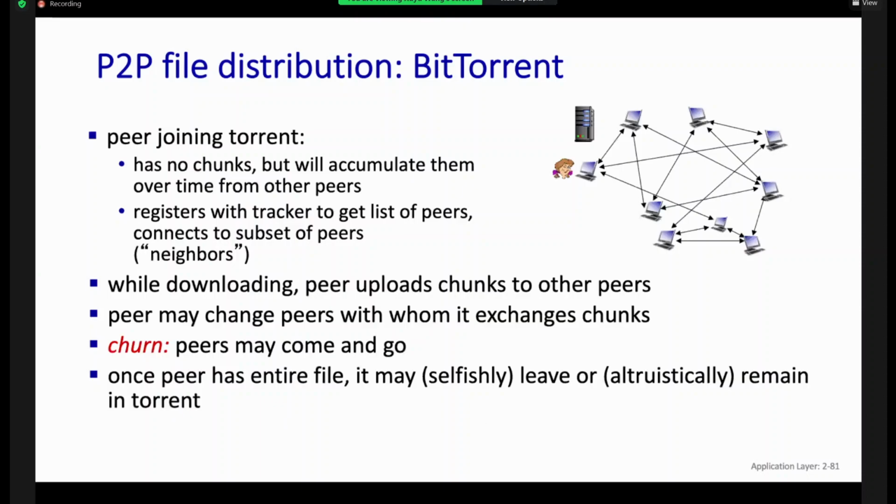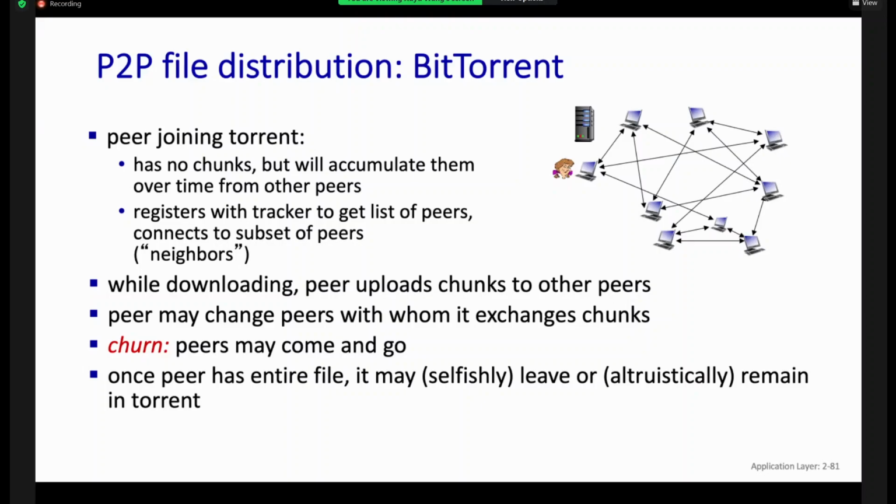Let's check out the basic idea in BitTorrent. If Alice joins this BitTorrent, in the beginning she has no chunks, and over time Alice can request chunks from the 3 peers to accumulate chunks.